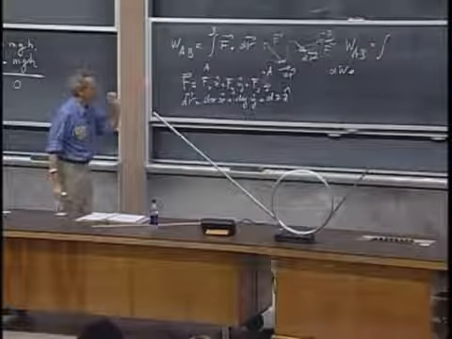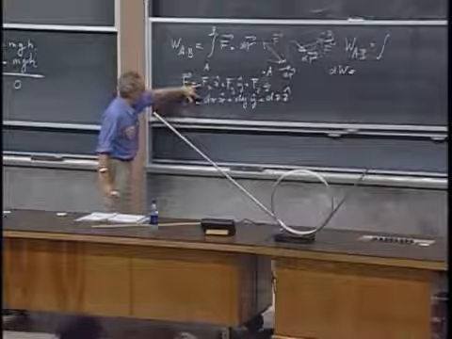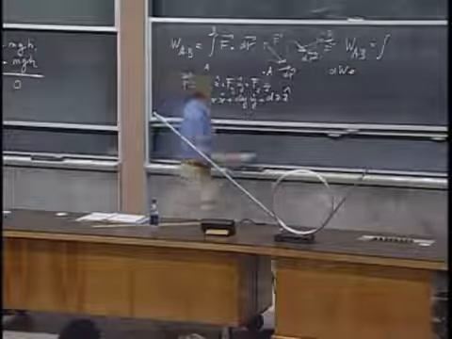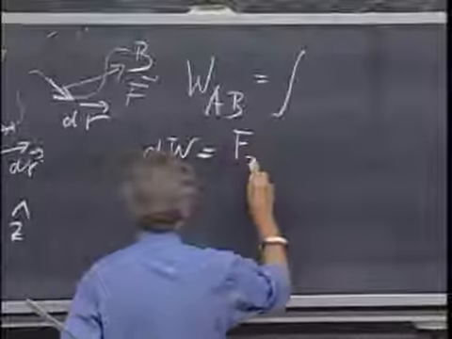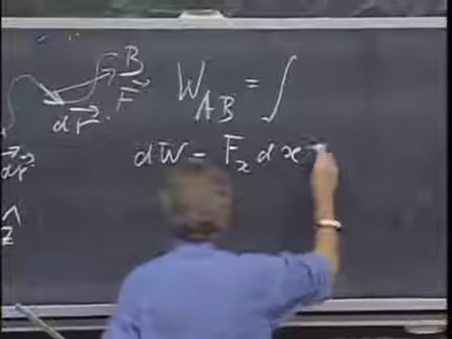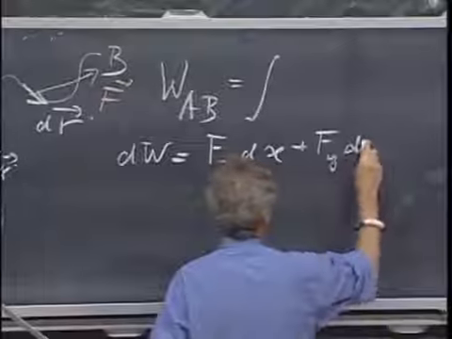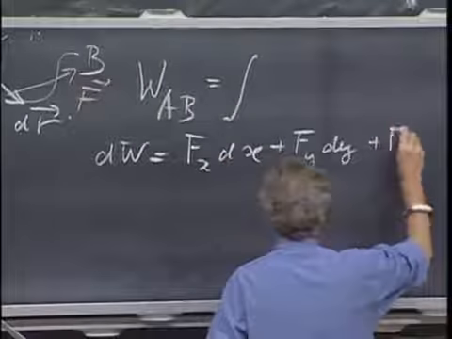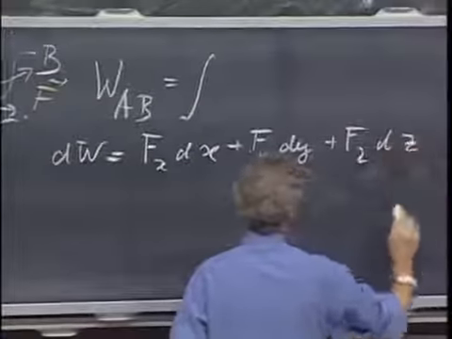Let's first take a small displacement dr. Then I get dW, that is simply fx times dx, it's a scalar, because this is a dot product, plus fy dy plus fz dz.